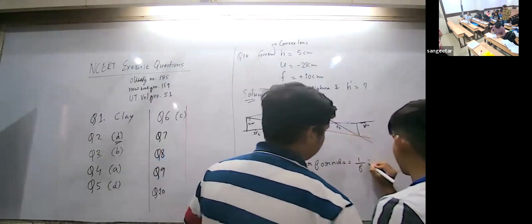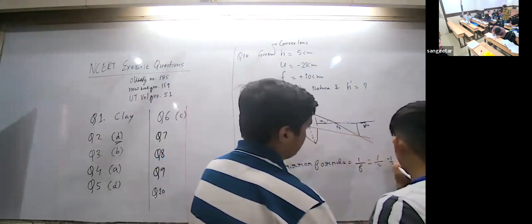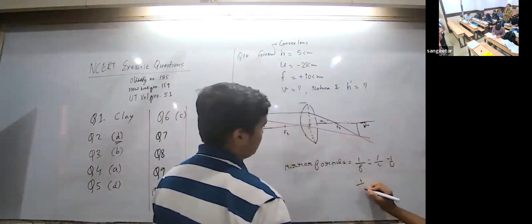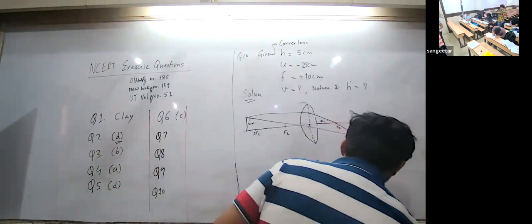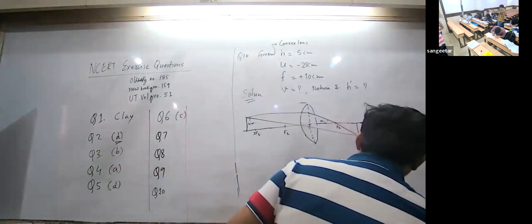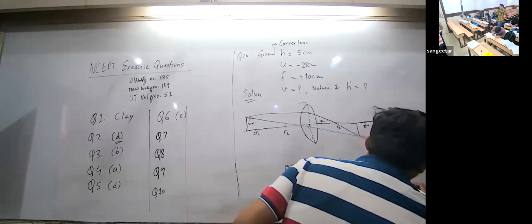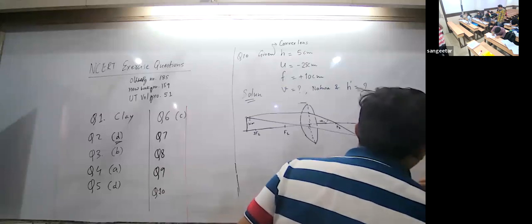After this, where is the unit, whether centimeter? After this, what do you have to find? What is the nature? If V is positive, then the image has to be real and inverted because it is behind the lens. So you draw the ray diagram, then you'll be able to answer.